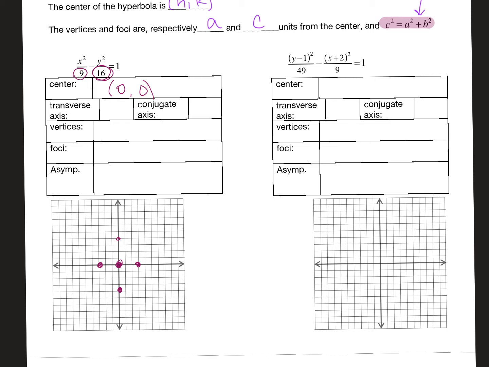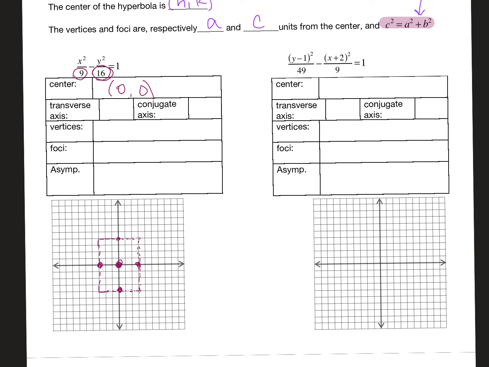So what I need to do is to draw a little rectangle through those dots that I just drew. I'm hoping you can see this rectangle. The reason you draw the rectangle is because you have to also draw in asymptotes, two dotted lines that the hyperbola gets close to but doesn't ever touch.